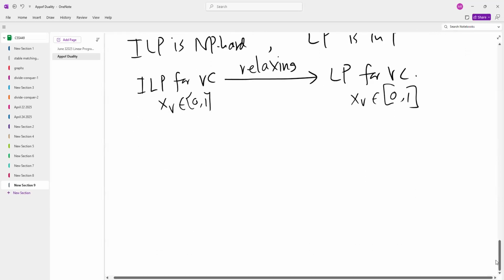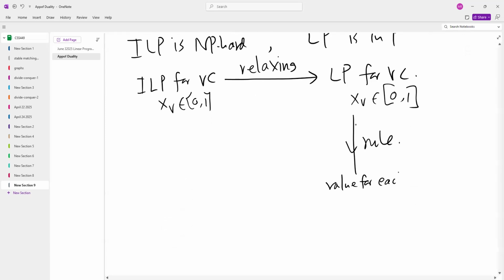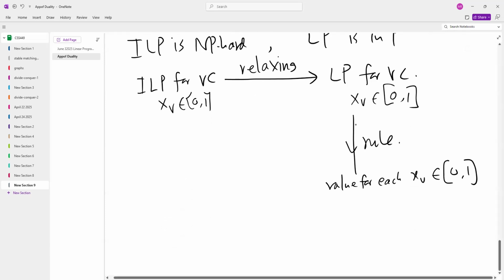But then I can apply a rule here. So once I solve the LP, what will I have? I have a value for each x_v, which is between 0 and 1. That's my LP solution.